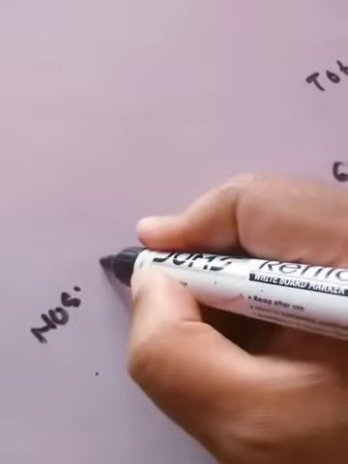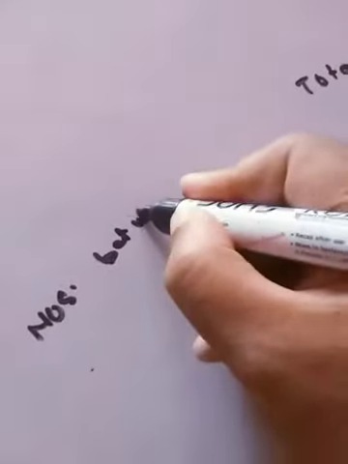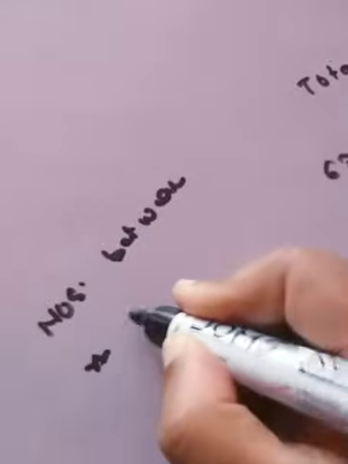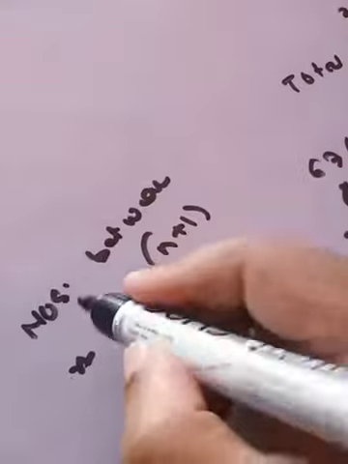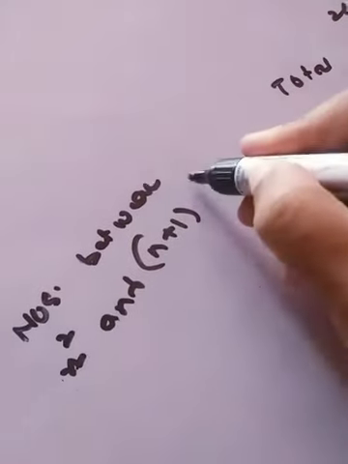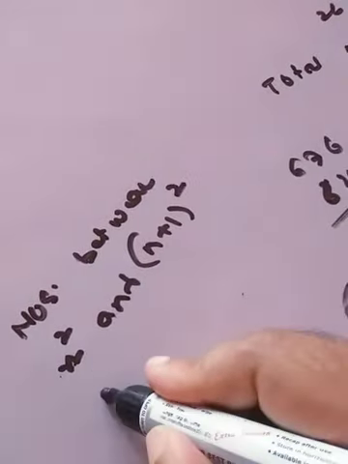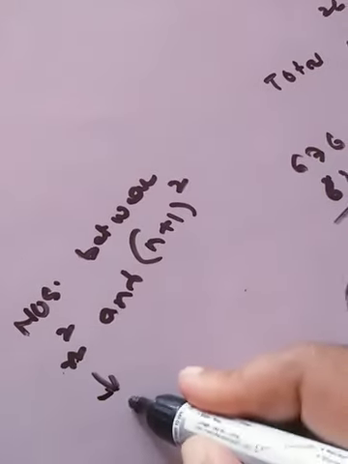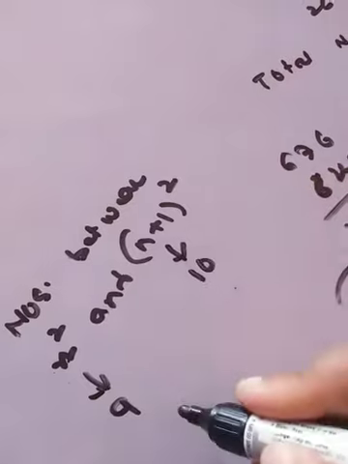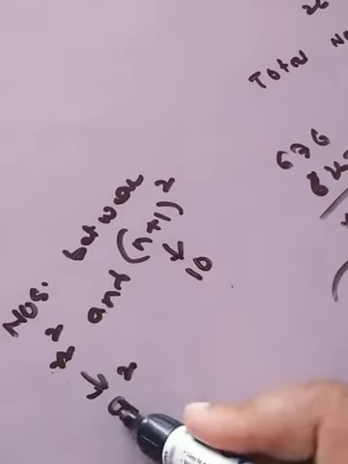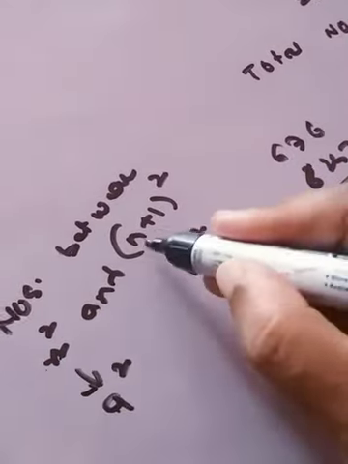So numbers between n square and n plus 1 square. See, if you consider 9 as n, then 10 will be n plus 1. So if I say 9 square, that is n square, and 10 square is n plus 1 square.